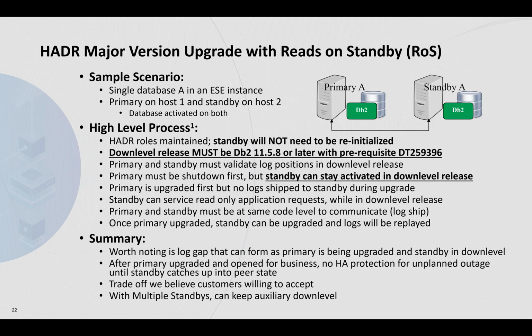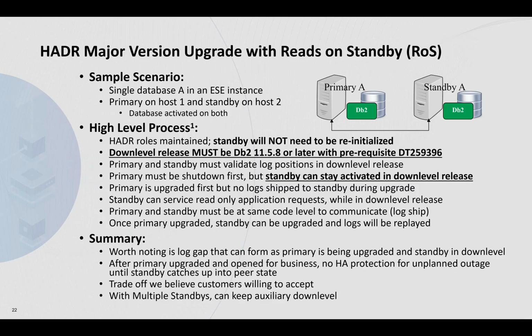So we came up with a mechanism using the existing major version upgrade procedure where you can upgrade the primary to 12.1, but you can leave the standby down level in 11.5 or 11.1, and at the same time, you can have read-only applications connect to that standby and gain data.